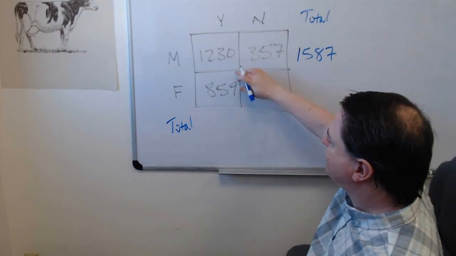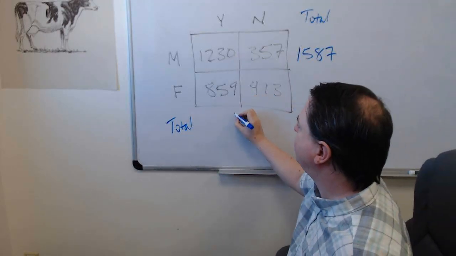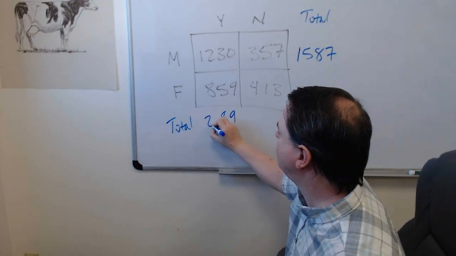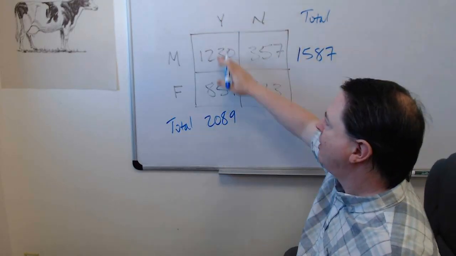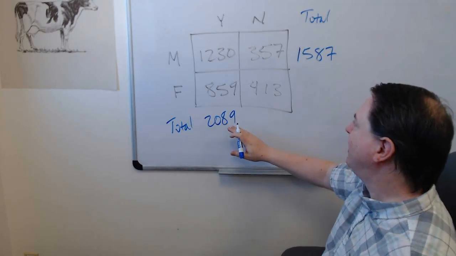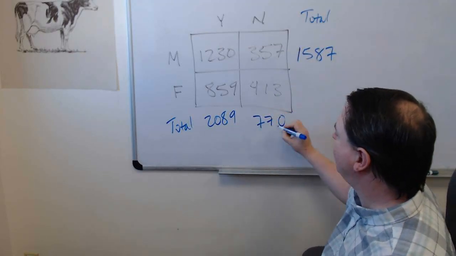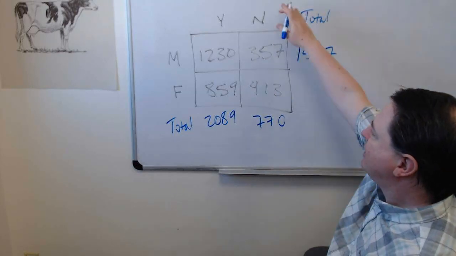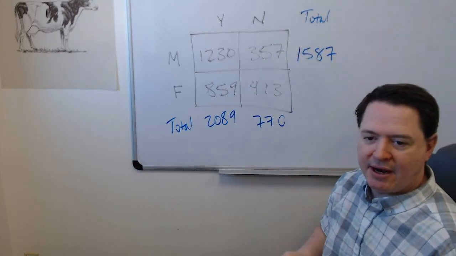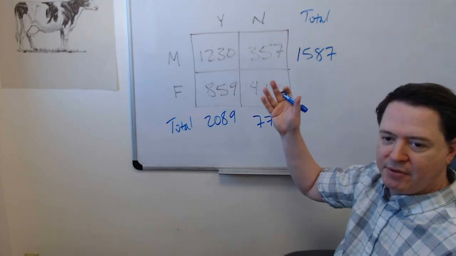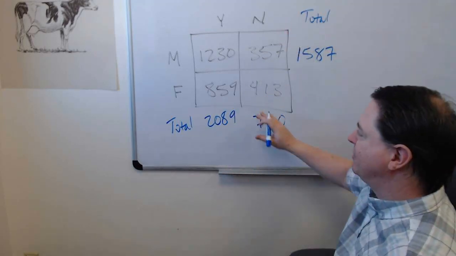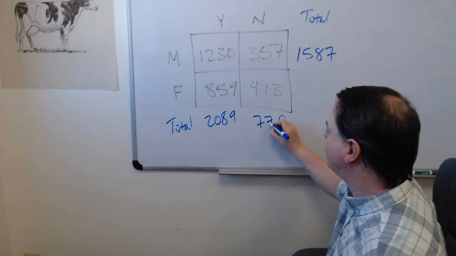Now this 1,230 plus this 859 gets me 2,089 people who marked yes, they believe in life after death. And this 770 that I get here is going to be the total number of people that said either they don't believe in afterlife or they're undecided. They're not firm believers in an afterlife. So we got 770 there.